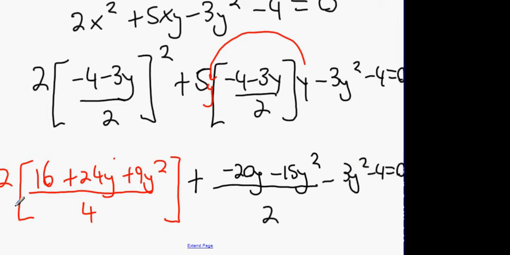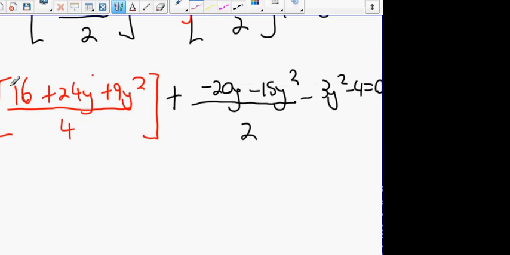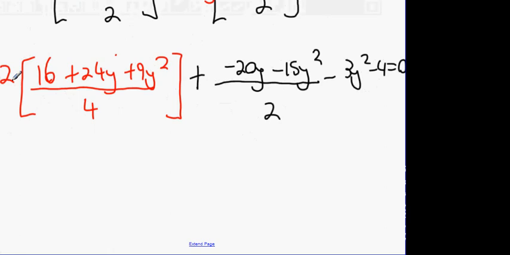I have a problem. The problem currently is the fractions. Now, if I multiply a number by 2 and divide by 4, what's that the same thing as doing? Just halving it or dividing by 2. So I'm going to get rid of the 2 on the outside, and I'm going to put 2 here. Now the lowest common denominator is 2.